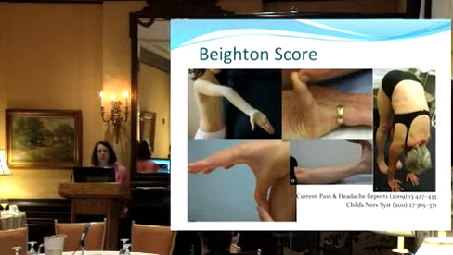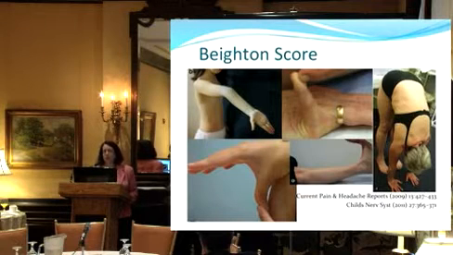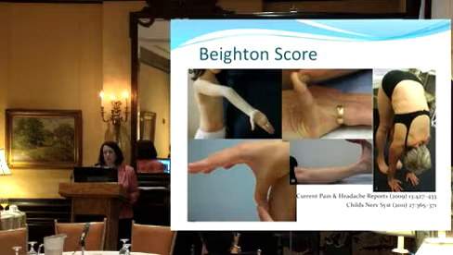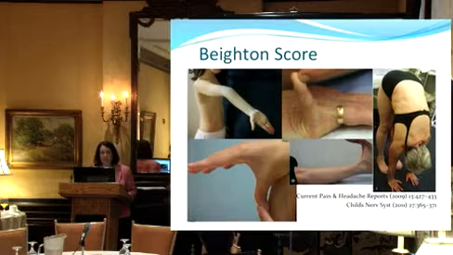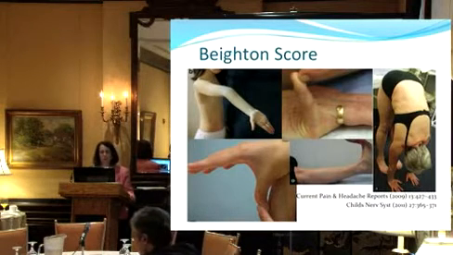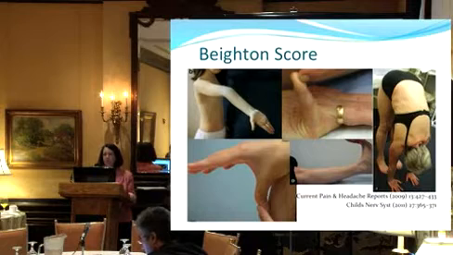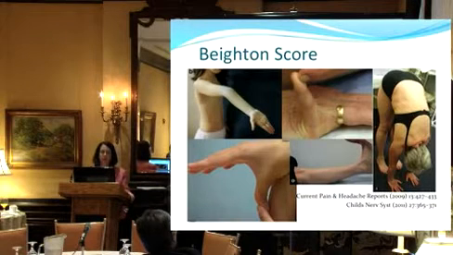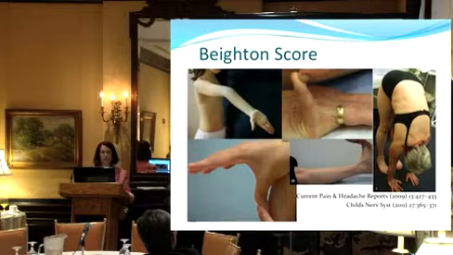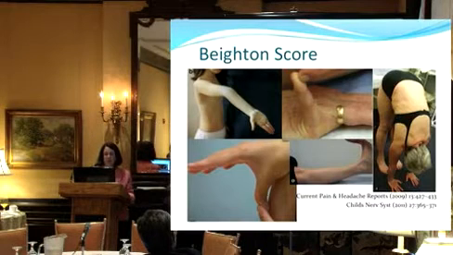So when we're assessing a person with a hereditary disorder of connective tissue and we want to know, are they hypermobile, one of the first things we do is look at the Beighton score. The Beighton score is a 9-point scale, and the patient gets 2 points if both of their elbows are hypermobile, 2 points for hypermobility of the fifth finger metacarpal joint, 2 points if both thumbs are able to touch the forearm, and 2 points for the knees, 1 point each side, being more than 190 degrees in recurvatum.